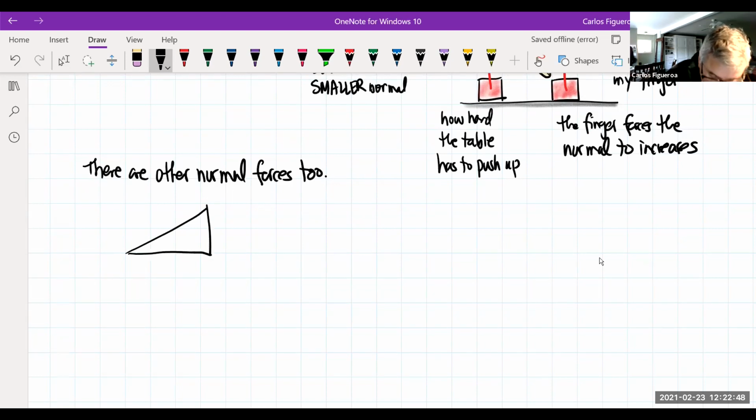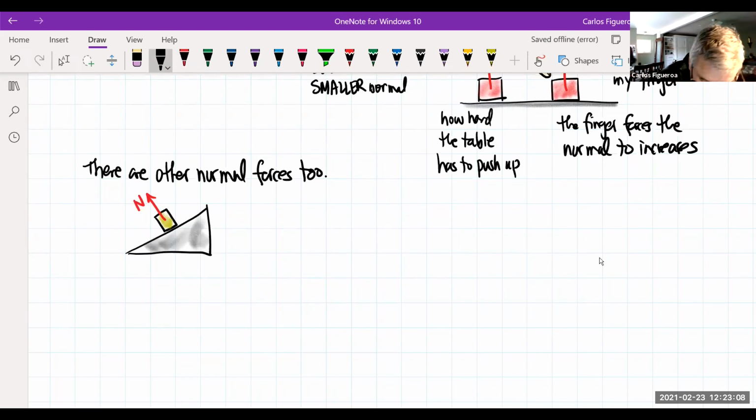If you're looking at an inclined plane, you could imagine that you put a block right here. Look at the direction of the normal force. It has to be perpendicular. The springs are pushing perpendicular to the surface here.